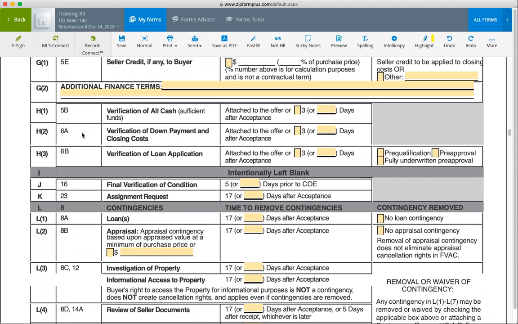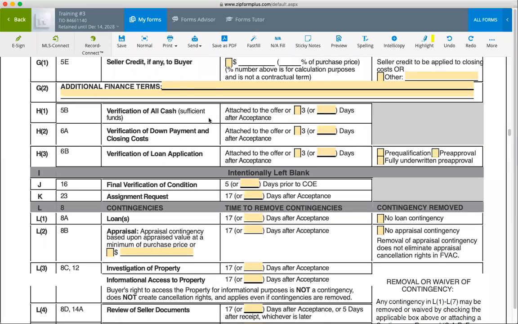Then H, we start to get into verifications of these different things. So if it's an all cash offer, the default is that the verification of all cash is attached to the offer.